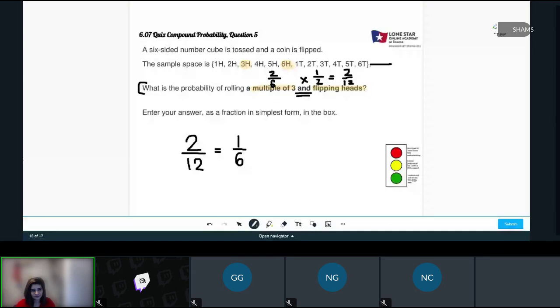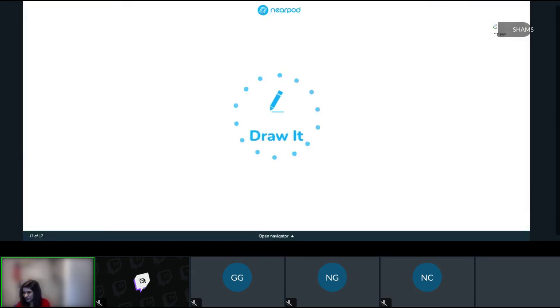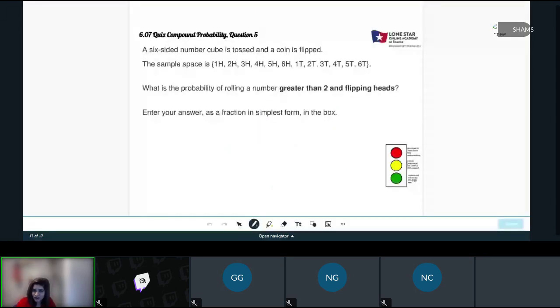We'll look at the third variety for question 5. Again, a 6-sided number cube is tossed and a coin is flipped. We want the probability of a number greater than 2 and flipping heads.